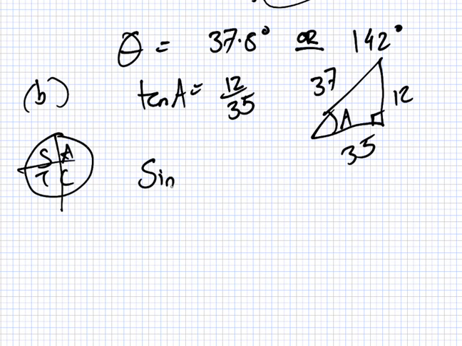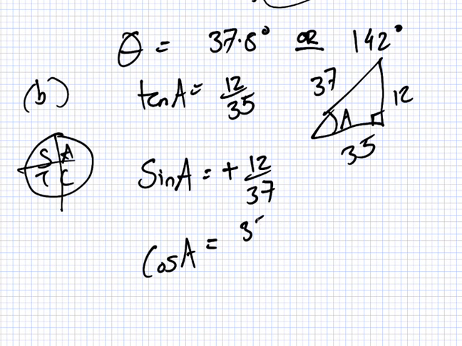There's no need to worry about plus or minus. It must be positive because it's acute. Like this, we get the 2 marks. I see a triangle and I see this and I see this. Cos A equals 35 over 37, and then finally sine 2A.